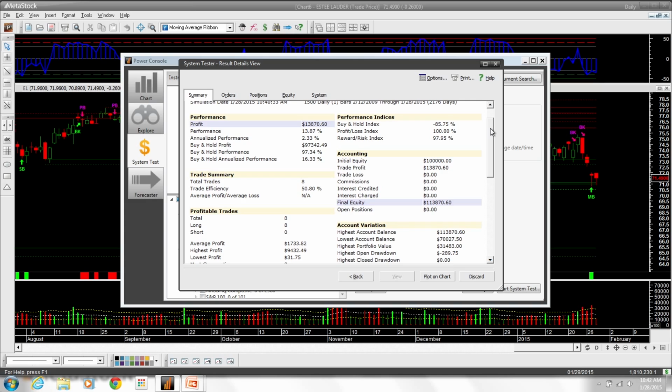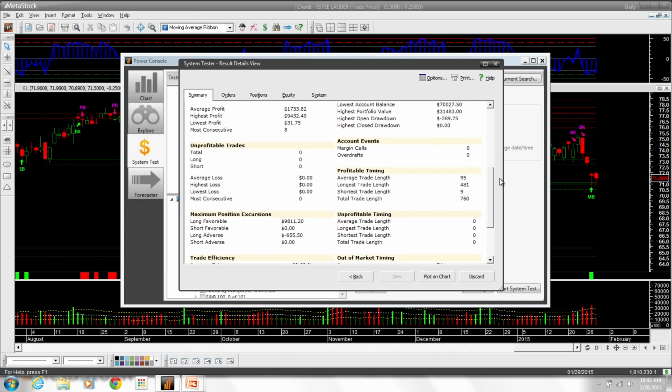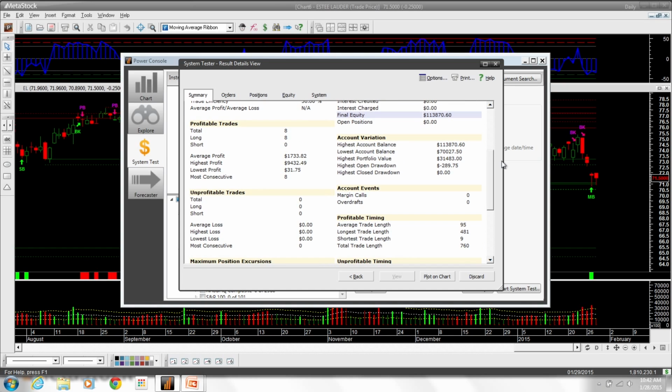What we want to look at specifically is our profitable trades versus our unprofitable trades. Now, with Nike, we had 8 profitable trades and 0 losing trades, so it performed very well. The average profit was $1,700, and our highest profit was $9,000.